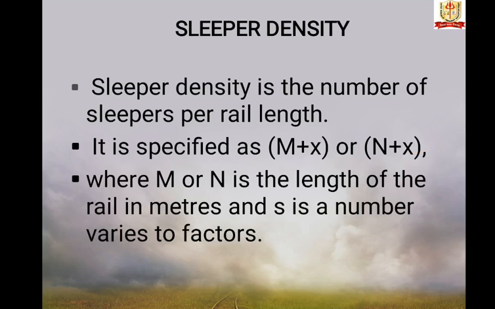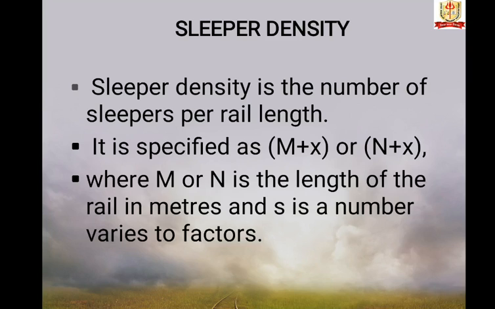Sleeper density. Sleeper density is the number of sleepers per rail length. It is specified as M plus X or N plus X, where M is the length of the rail in meters and N is a number varying with the factors.